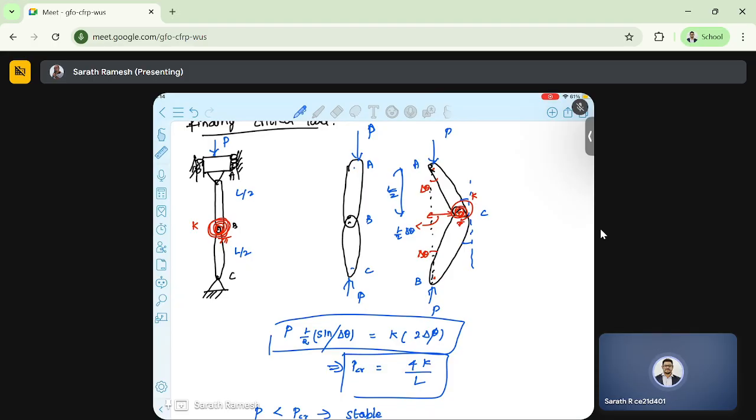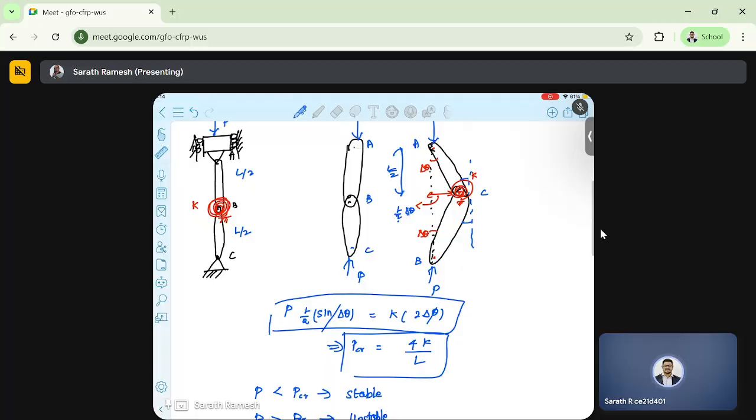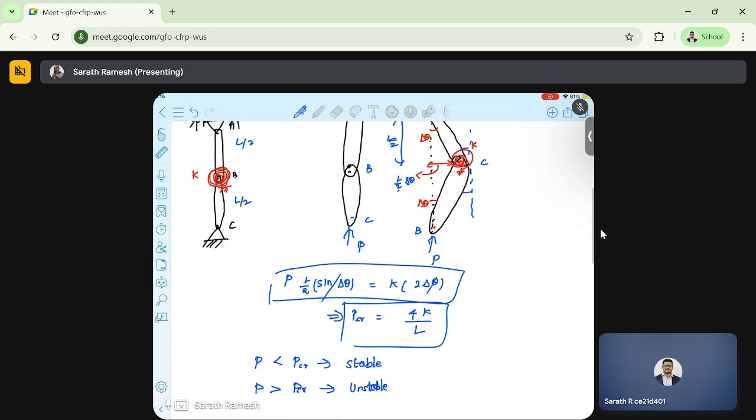The external moment is caused by the load P, force times the perpendicular distance, which is L by 2 sine delta theta. Since delta theta is small, I am just writing L by 2 delta theta. And the moment induced in the spring is given by the rotational stiffness times the rotation. So this gives the induced moment. External moment equals internal induced moment, and from that we get this.